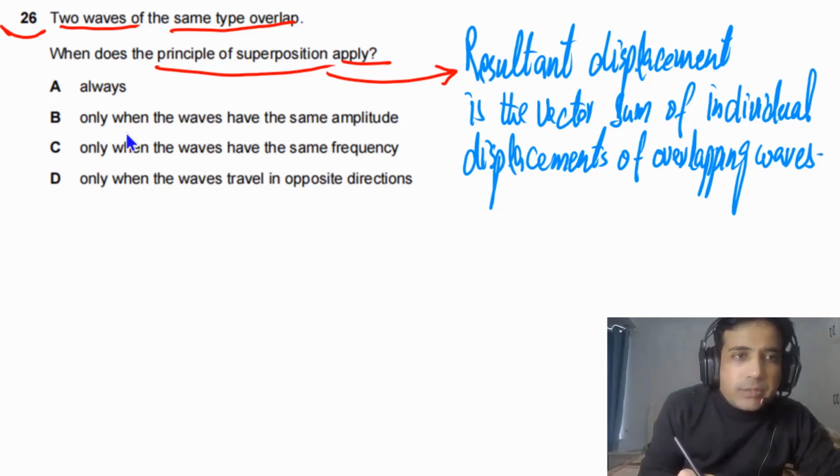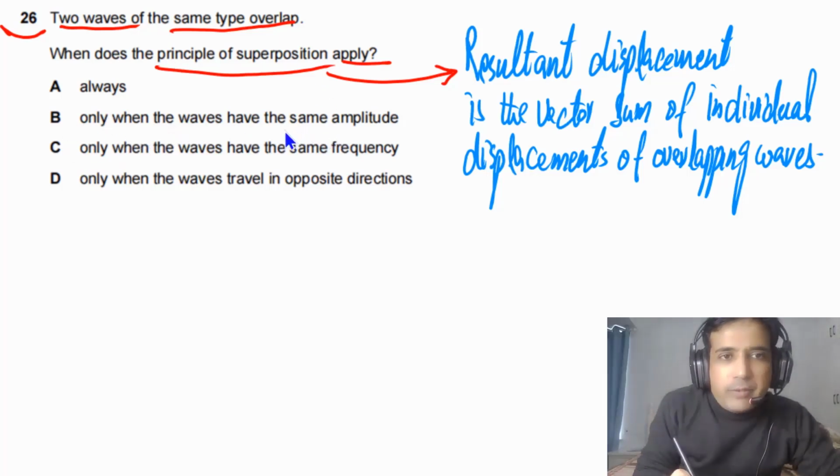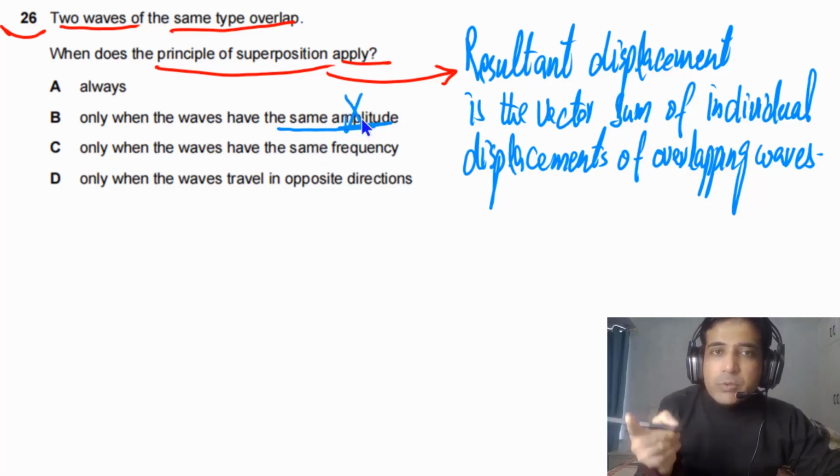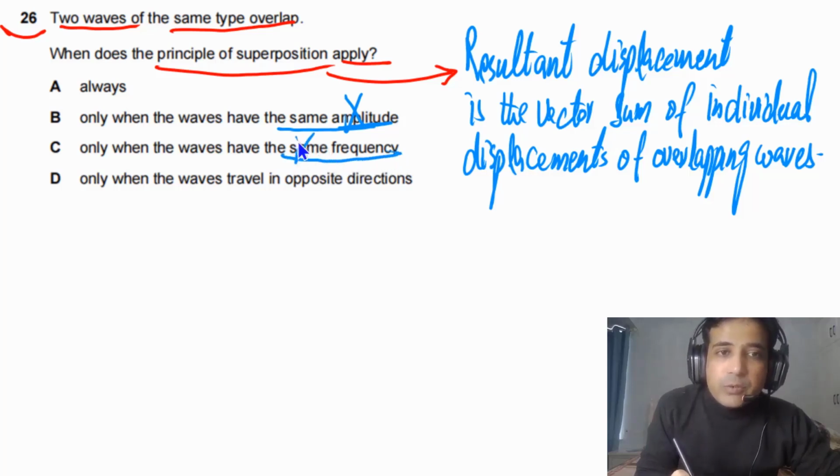So if you look at option B, when the waves have the same amplitude, you need to apply the principle of superposition. There is no condition for same amplitude. Even if the amplitude is different, you can still apply the principle of superposition. Even if the frequency is different, you can still apply it.